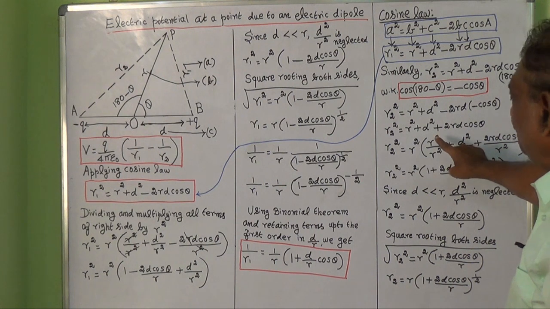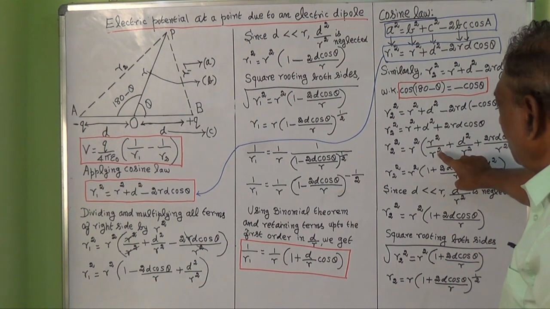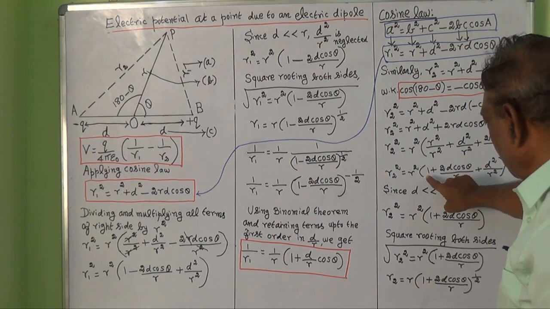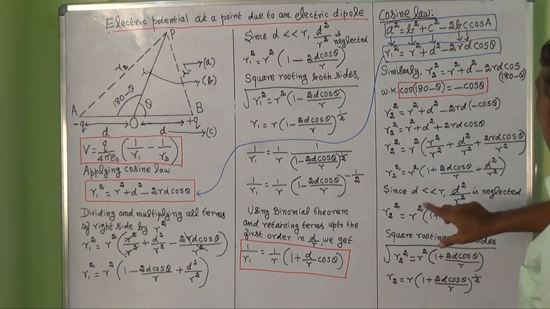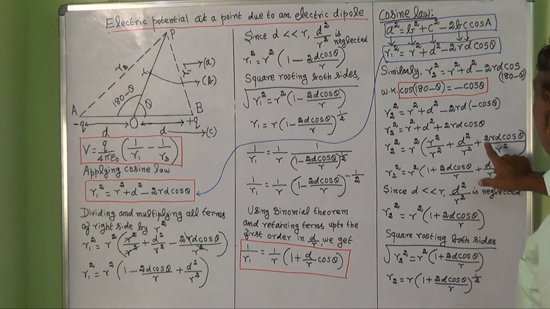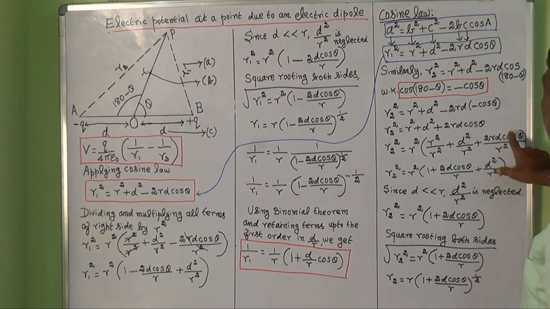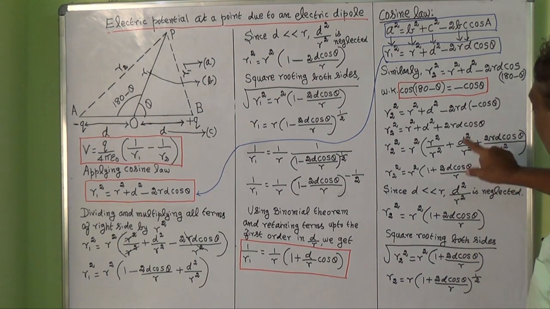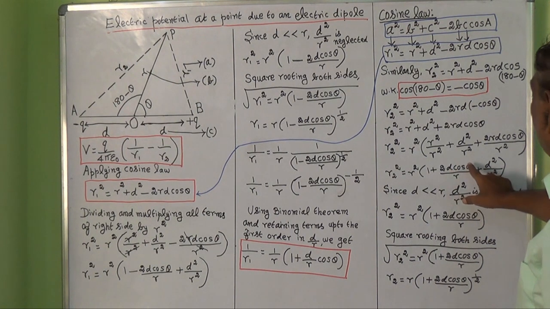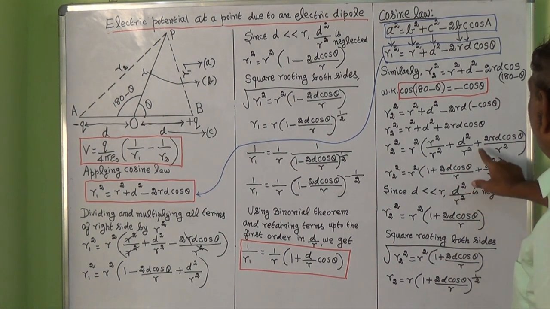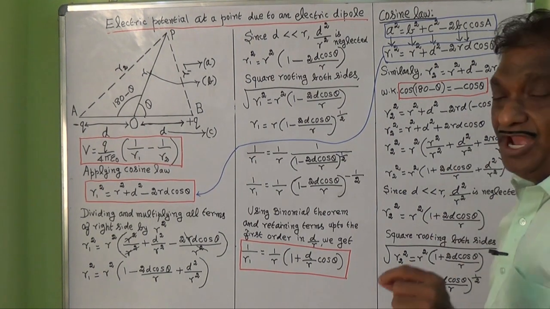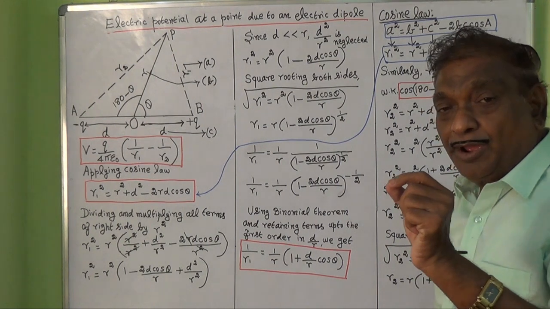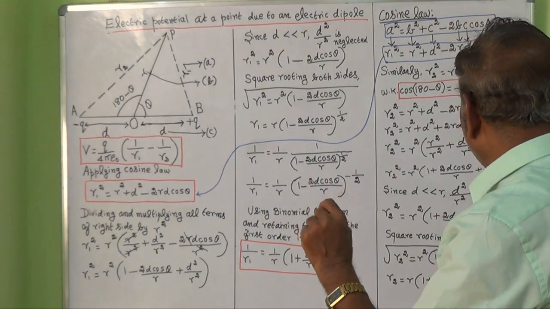So if we simplify R square by R square, we will get 1 as in the previous case. If we simplify 2RD cos theta by R square, we will get 2D cos theta by R, because one R will be cancelled. Then we are writing the D square by R square term as it is.